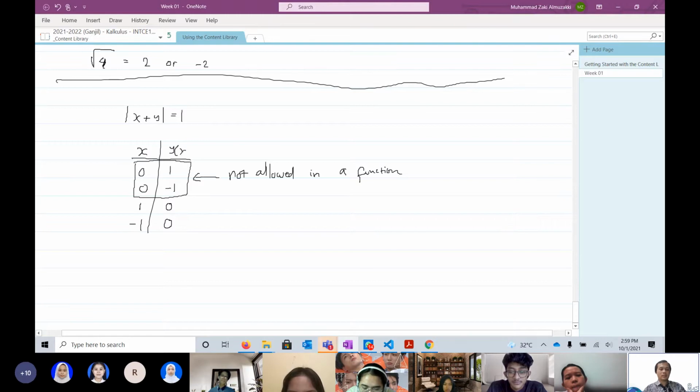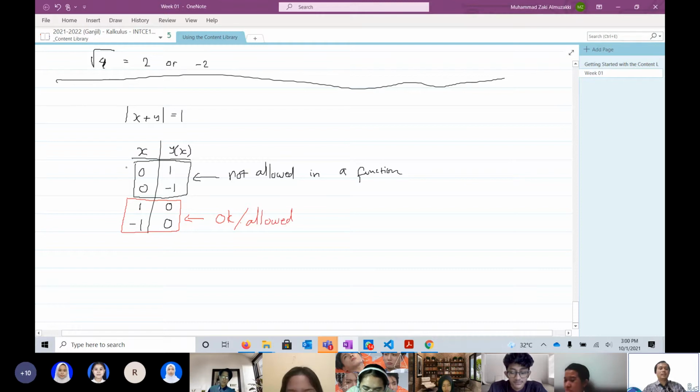But what happens if we have two different values of x, but we have the same value for y? This one is okay or allowed.